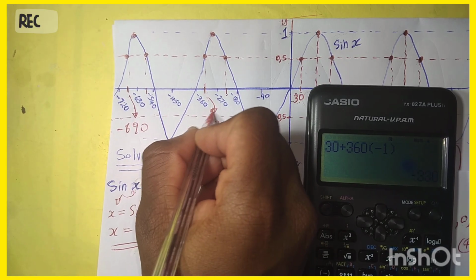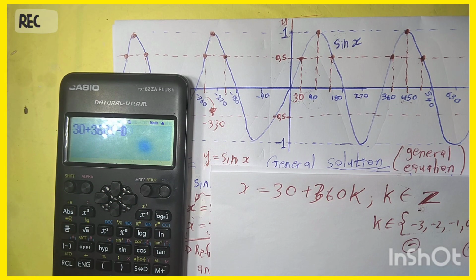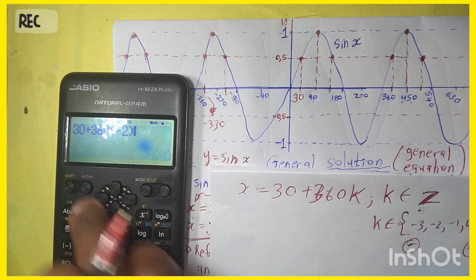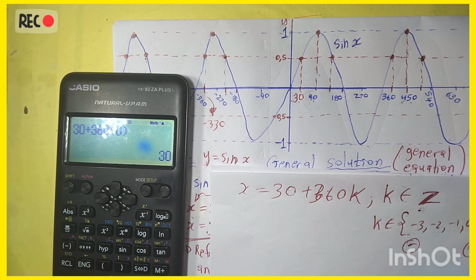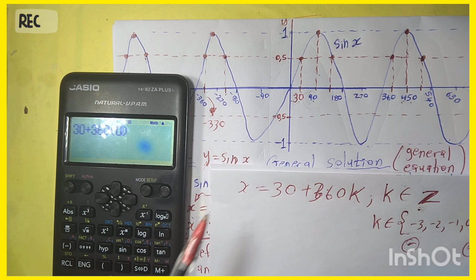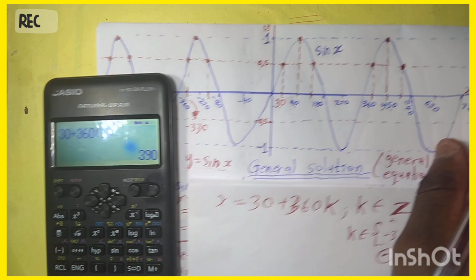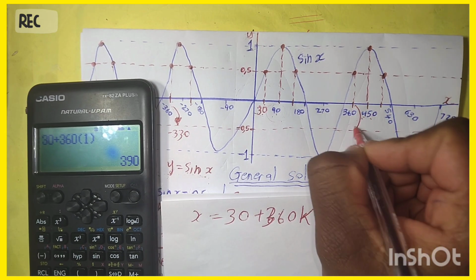Then what if I put negative 2 here? What about 0? 0 gives 30, which we already generated. Then what about 1? If it's 1, it will be 390. That 390 is supposed to be here.